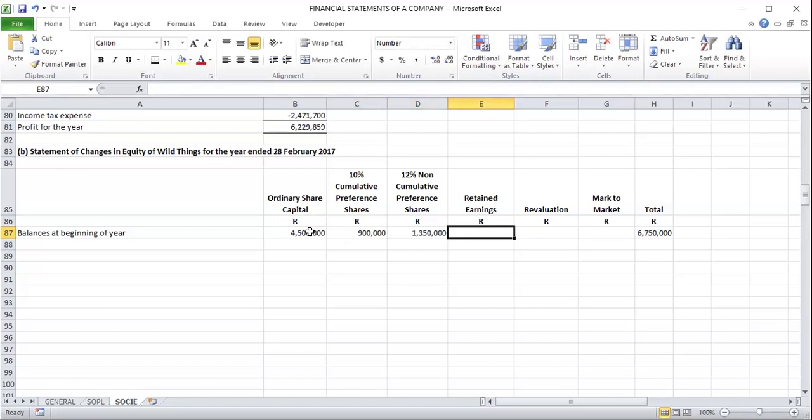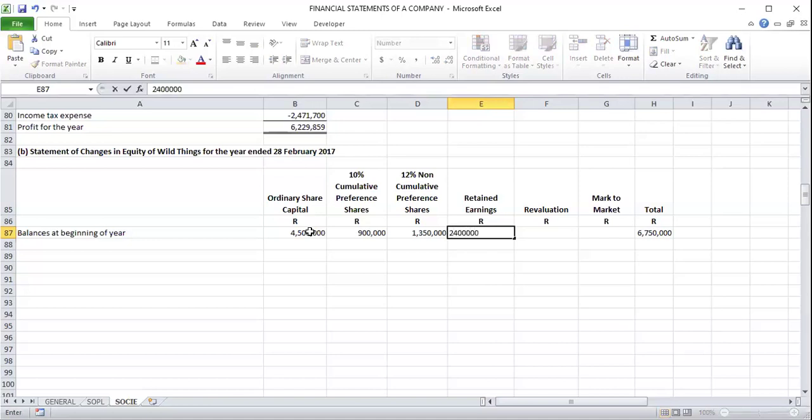Then we'll have our retained earnings from our trial balance. We have 2400.